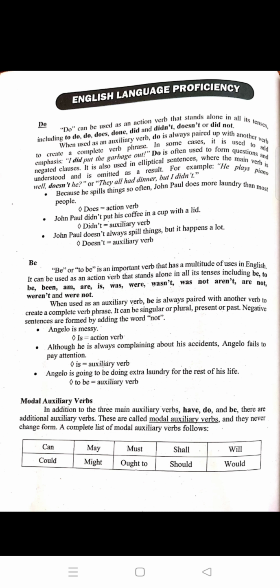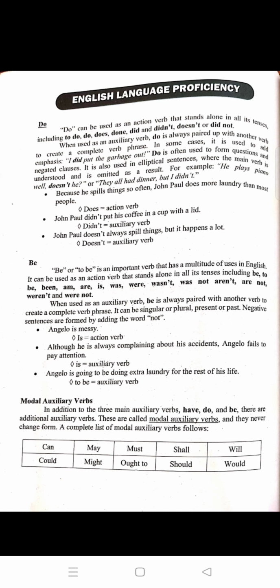Example here is, "Angelo is messy." So, yung "is" dyan is considered an action verb. There is no other verb in the sentence, it's only "is." "Although he is always complaining about his accidents, Angelo fails to pay attention." The word "is" there is considered an auxiliary verb because you have the main verb "complaining."